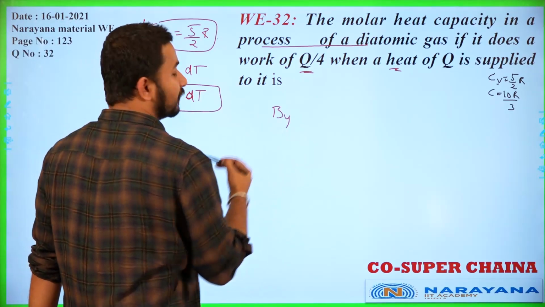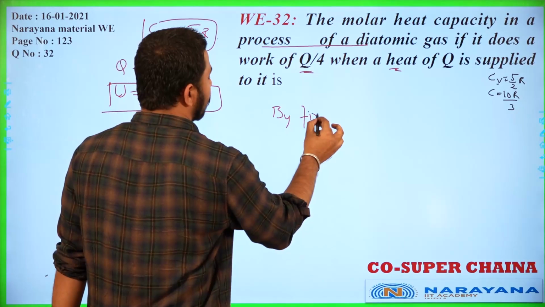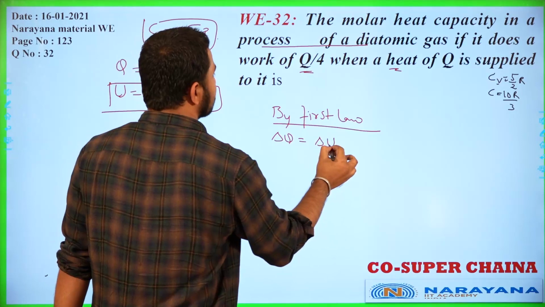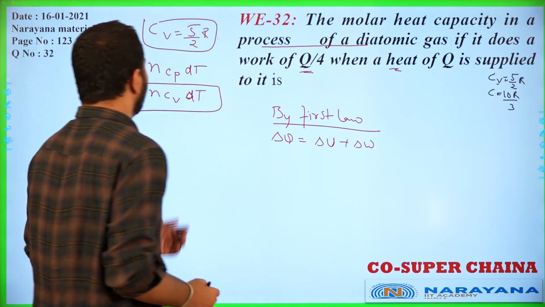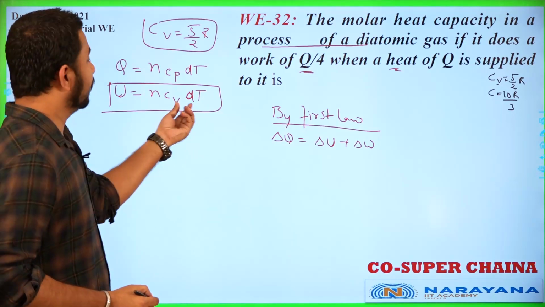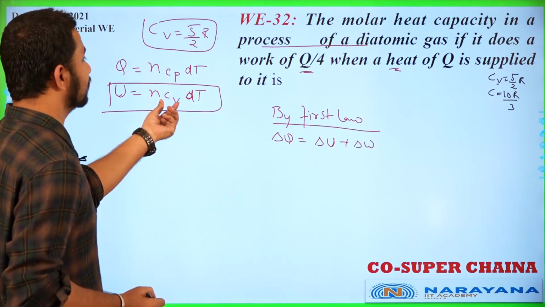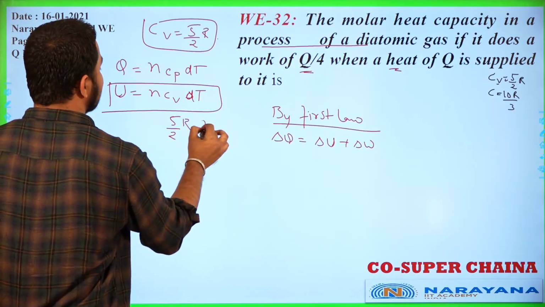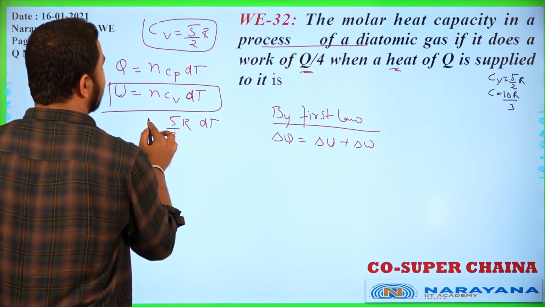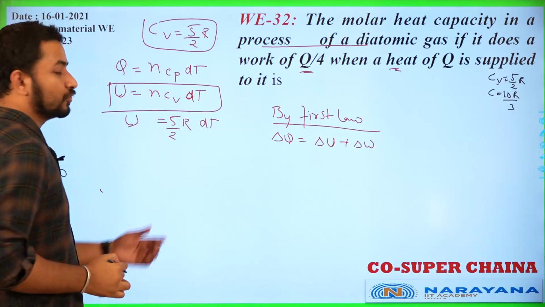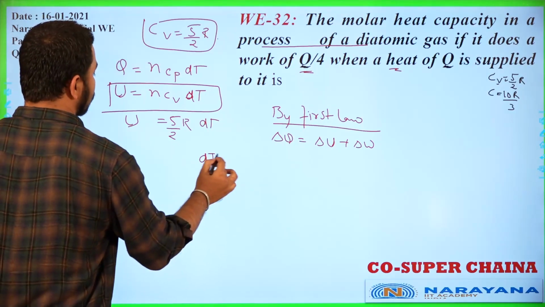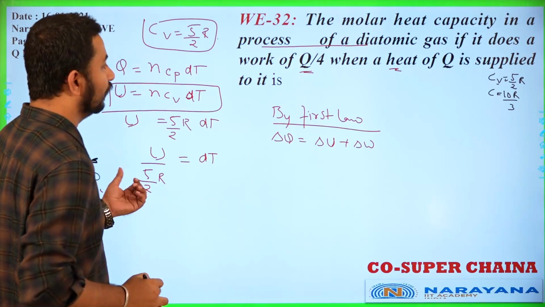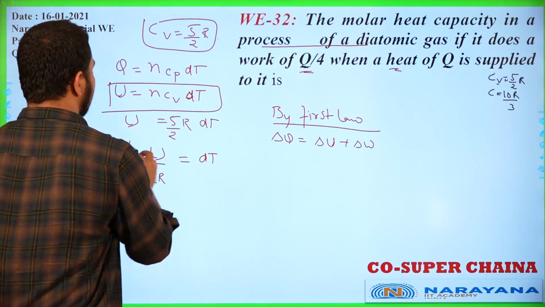By the first law, delta Q will be equal to delta U plus delta W. Substituting CV, which is 5 by 2R dT, and taking N as 1, this is equal to U. So dT will be equal to U by 5 by 2R. This we have taken as the dT value.